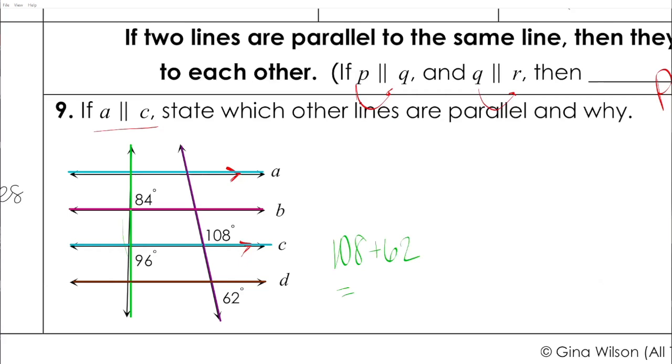So 180 versus 108 plus 62 is 170. So D is not parallel to C because those two angles are not supplementary.